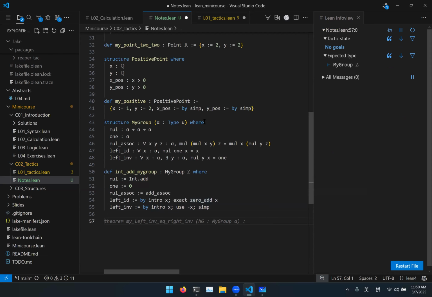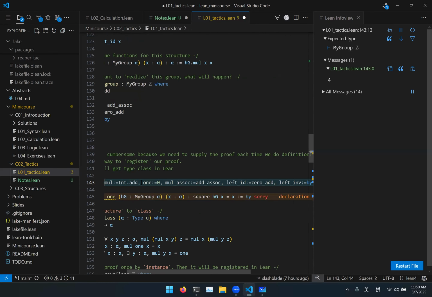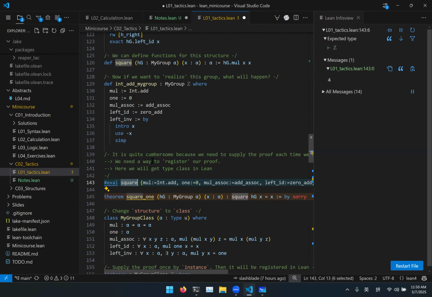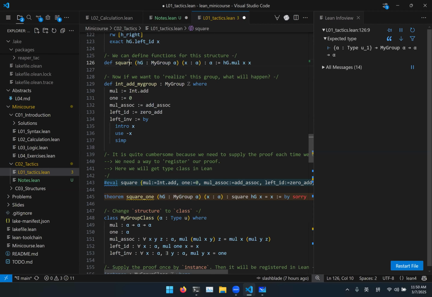So the cumbersome thing comes after. The nasty and cumbersome thing comes after, because when we use structures, every time we want to define some action on the group, we first need to prove that this type is actually a group. For example, in this square operation, we first say alpha is a group, and we want to define a square action on the group, which is just x multiply x.